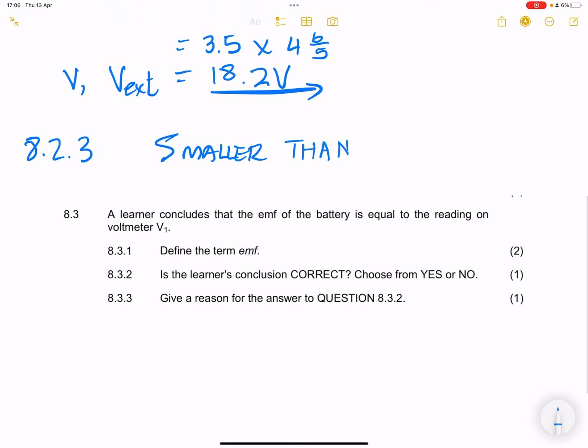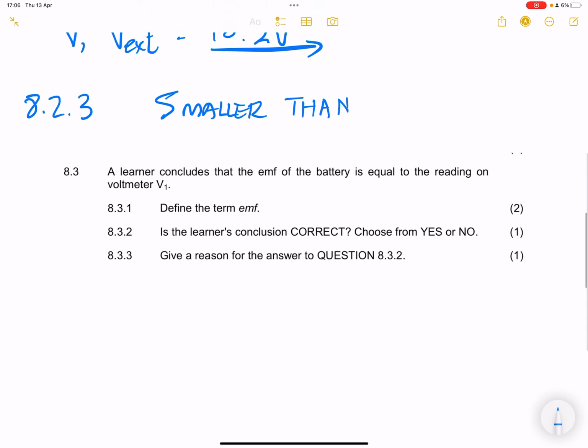So they say to us, define the term EMF. Remember that EMF, we say it is the total energy, or we can say the total work done per unit charge inside the battery. It is the total energy per unit charge within the terminals of the battery, right?